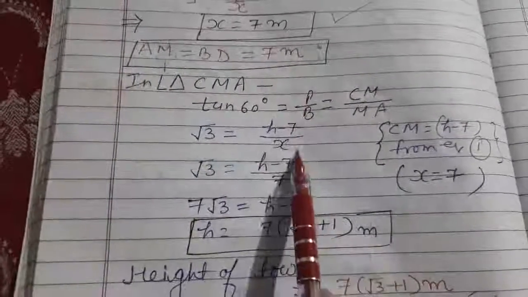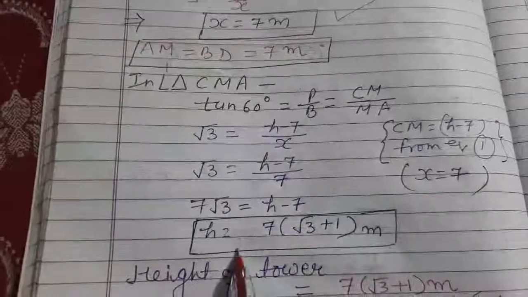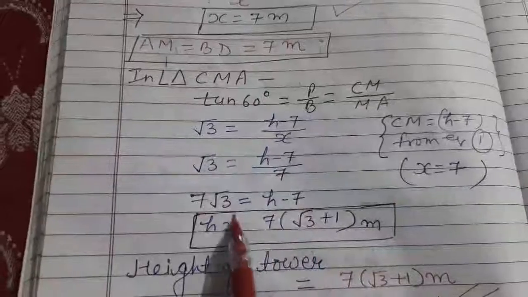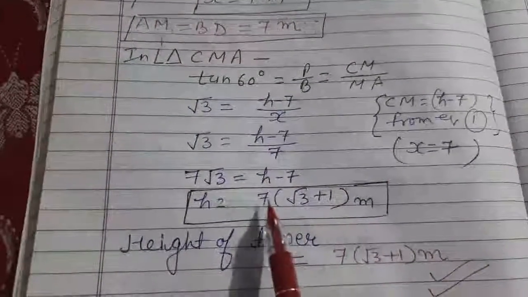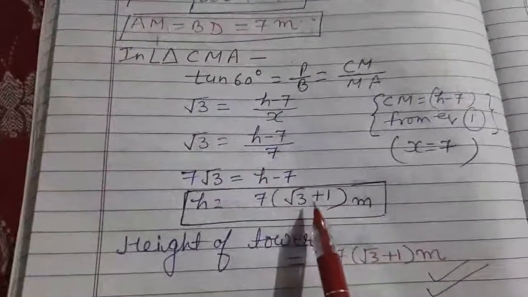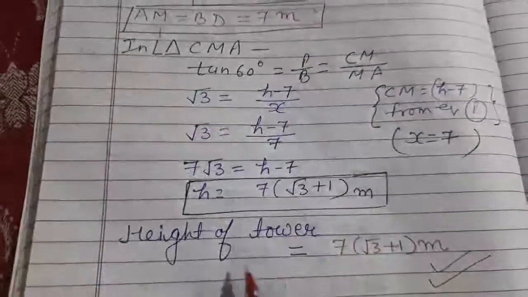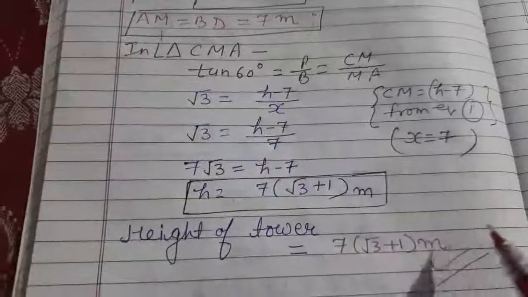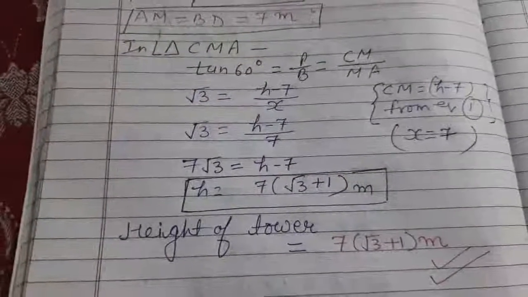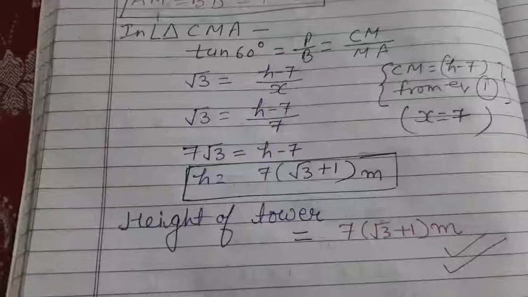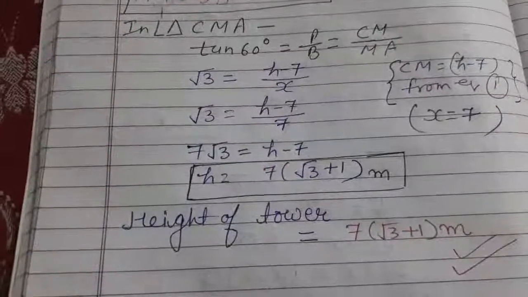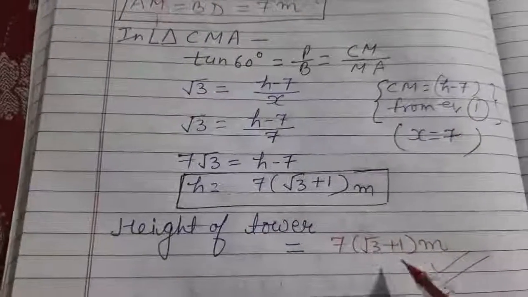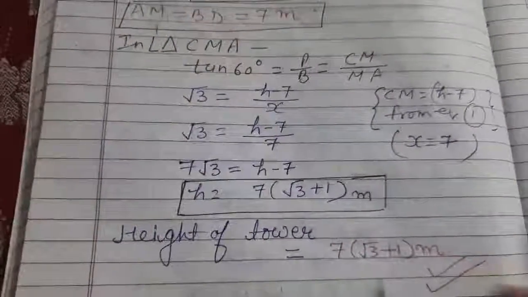I am putting the value of x as 7. Cross multiplication. Taking this minus 7 to the left hand side, it will be plus. Taking 7 common, root 3 plus 1. So the height of the tower will be 7 times root 3 plus 1. If you want to put in the value, or in the exam if the value of root 3 is given to you, you can put root 3 as 1.732 and simplify it, and otherwise you can leave it till here. So this is the correct answer.